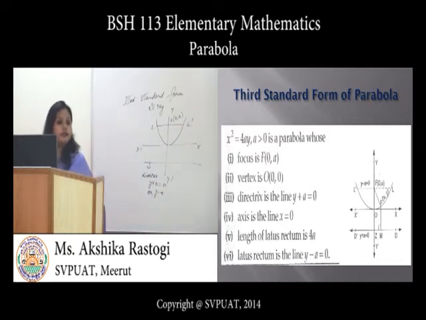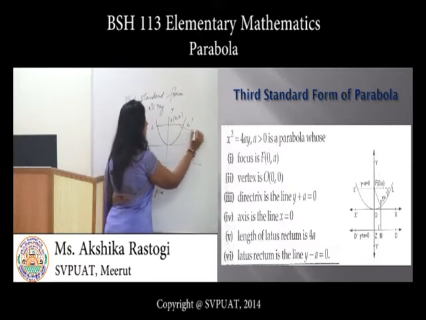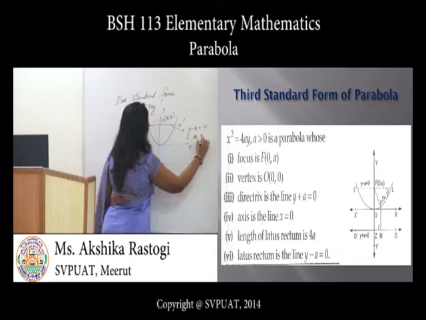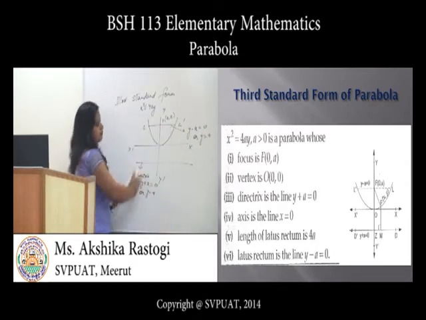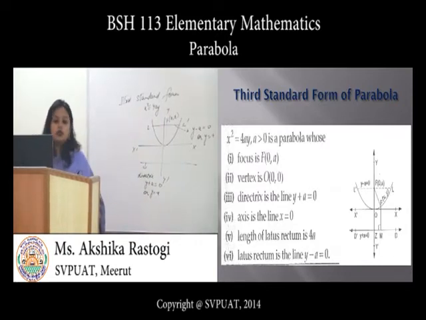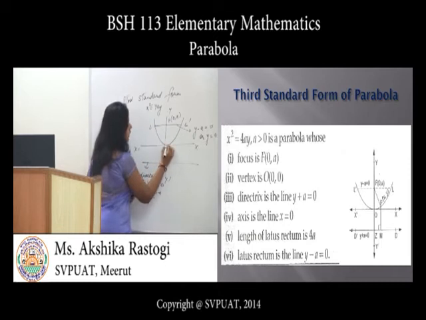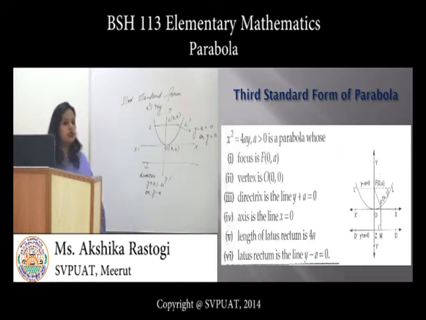The length of the latus rectum will be 4a in this standard form also, and the latus rectum is the line y minus a equals to 0, or we can say y equals to a. The vertex will be again 0, 0.